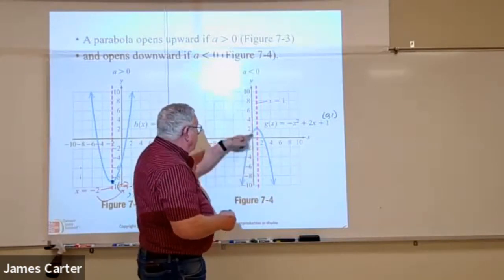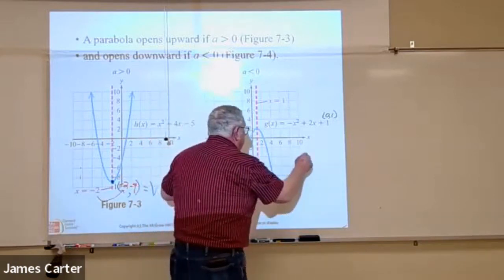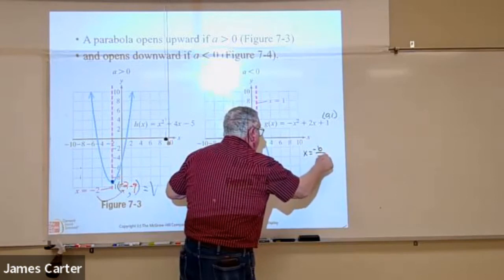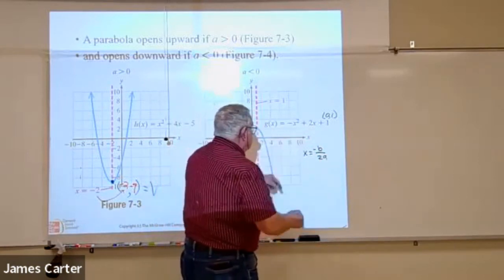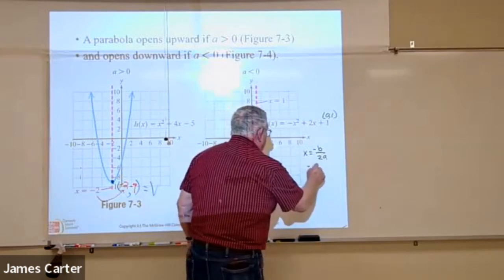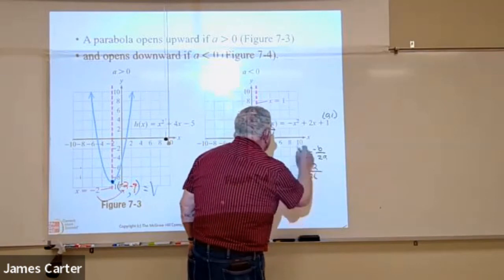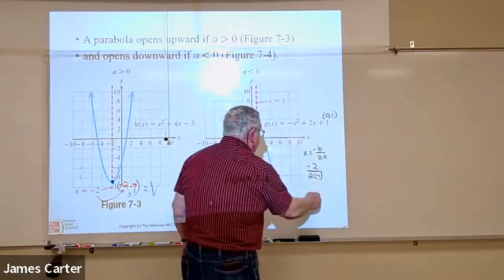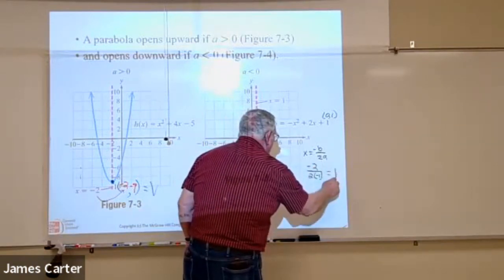If I want to find the line of symmetry, then I've got x equals negative b over 2a. So I substitute these values. B is 2, so I've got negative 2 over 2 times negative 1. Negative, negative is going to cancel, 2 into 2, so this answer is 1.